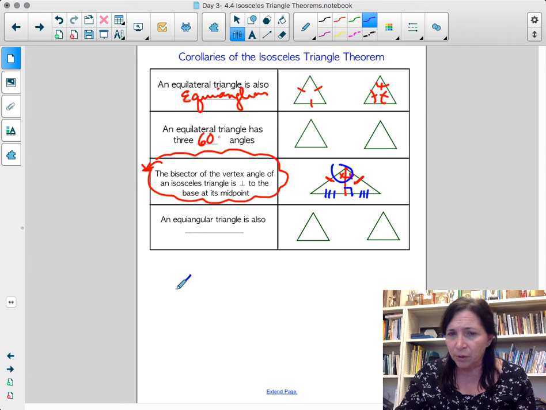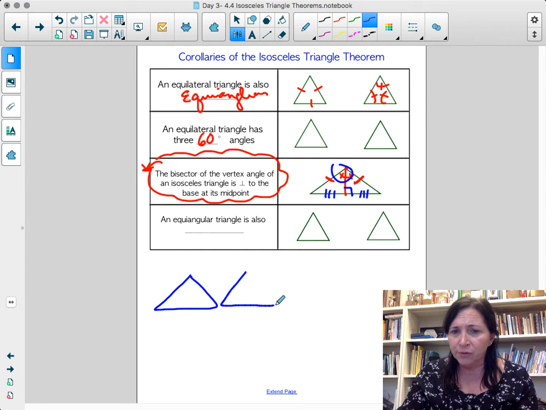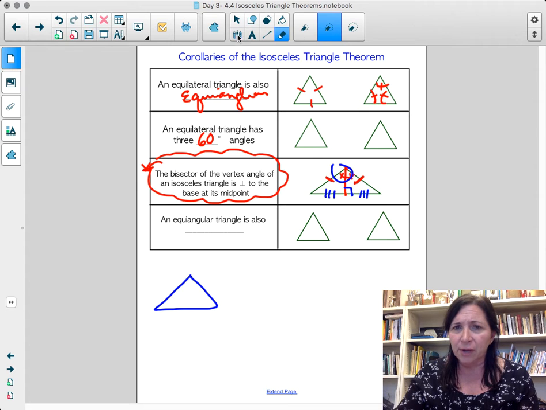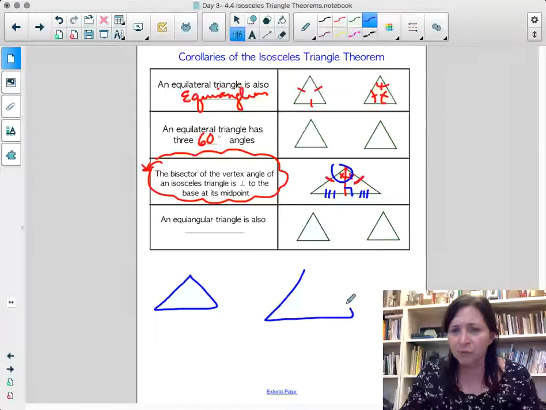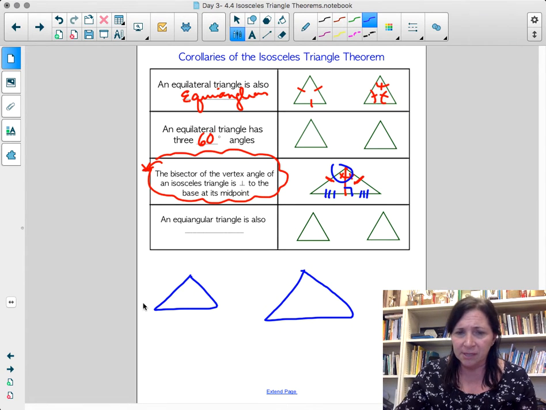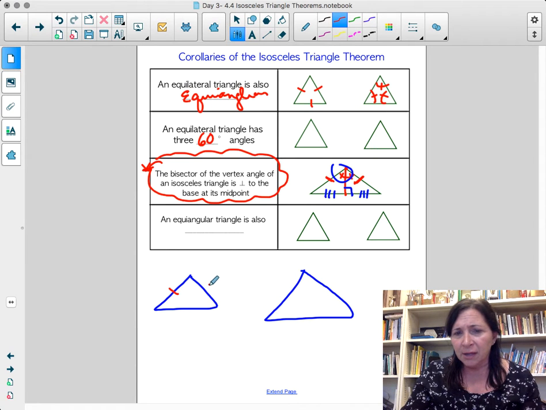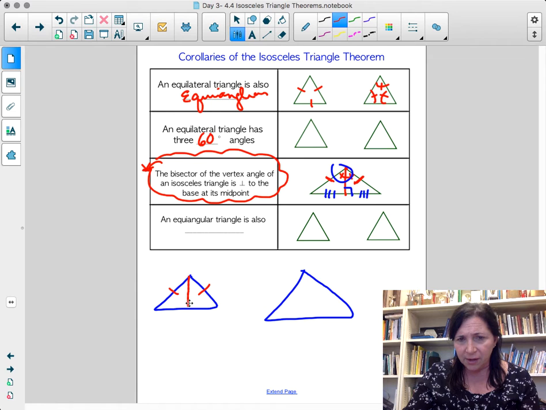And this is so important. I'm going to say this again. This works for isosceles triangles, and this also works for equilateral triangles. So let me say that again. If I have an isosceles triangle and I cut this straight down, it cuts this angle into two congruent parts, it bisects it. Not only does it bisect those two angles, but it makes this perpendicular to the base, and it also cuts my base into two equal parts.